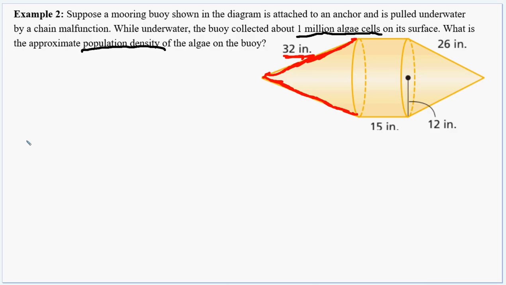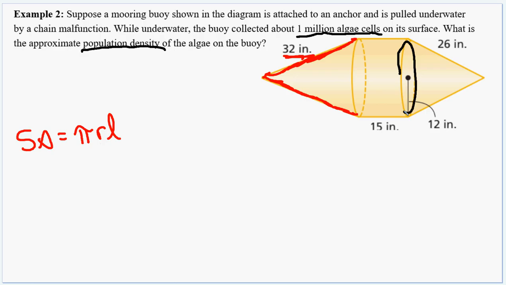So in red, we're going to have pi RL. Notice the circle here that would be the base of the cone is not part of the surface area because it's attached to the cylinder. So we don't need the base of that cone. Now I'm going to switch to black ink.